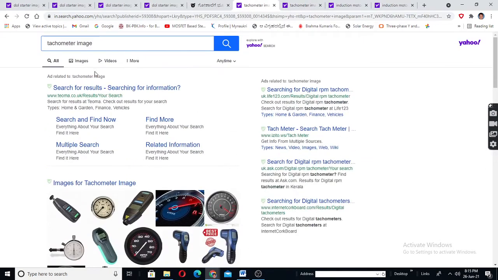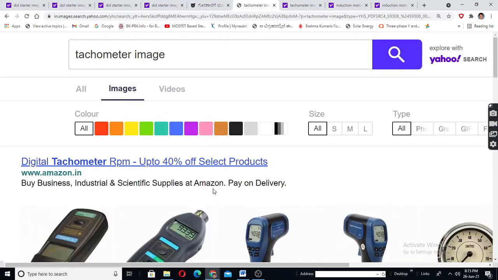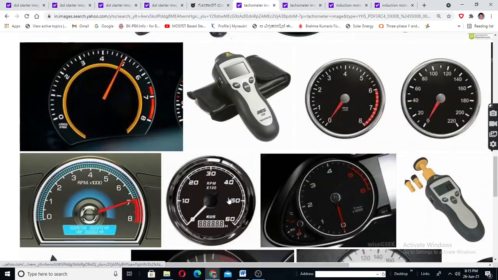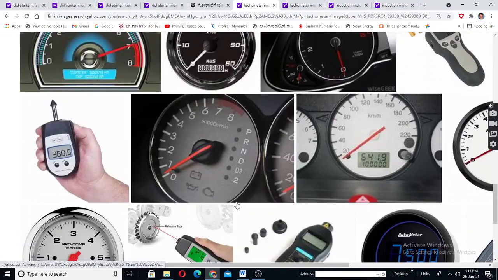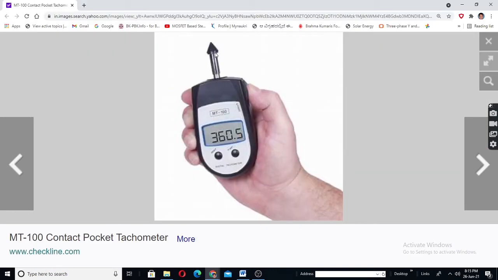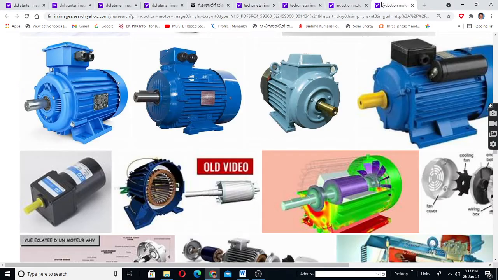In some tachometers you have different projections. Let us see. Yeah, see this image. You insert this into the motor shaft here or on the other side.